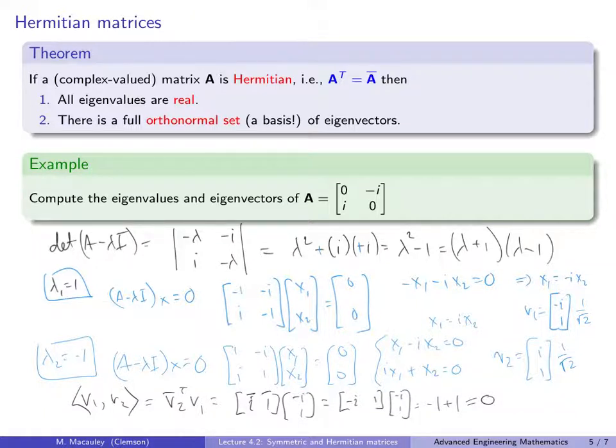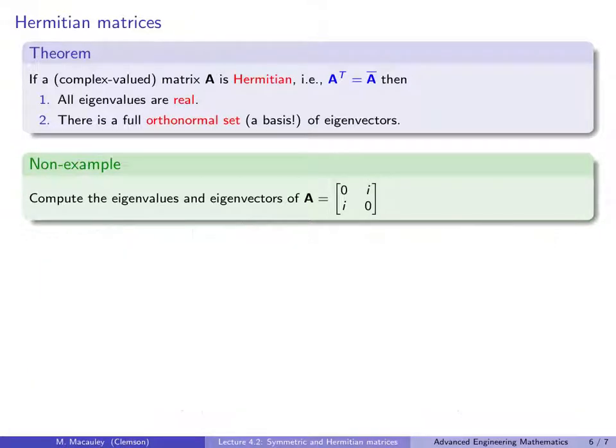There is your orthonormal set of eigenvectors. Let's do a non-example for good measure. This is a symmetric matrix, but it's not Hermitian because these opposite entries are not complex conjugates of each other. So let's compute the eigenvalues of this.